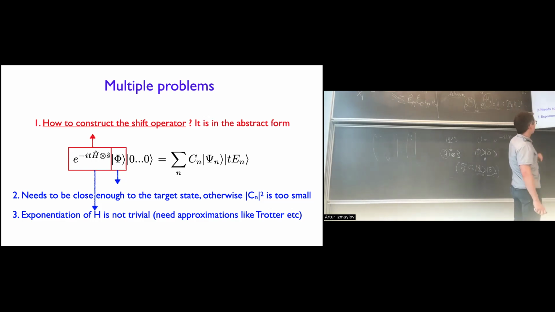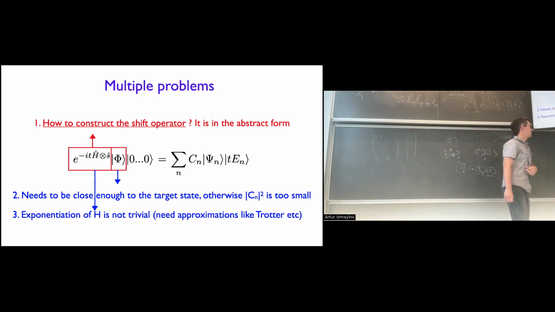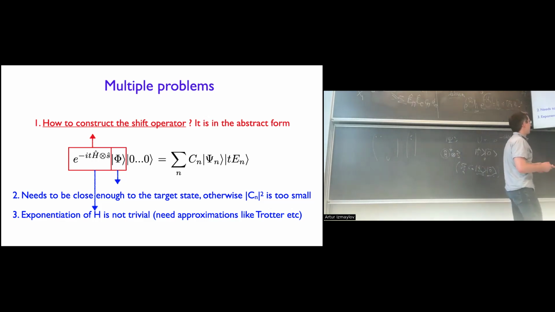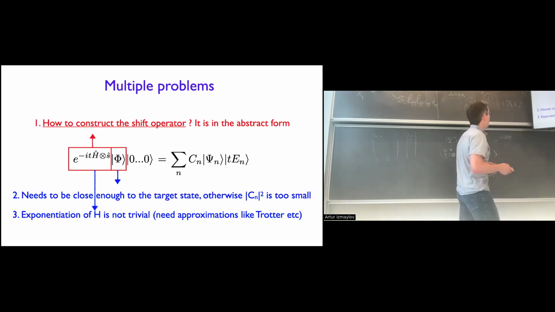And there is a third aspect. The Hamiltonian actually is not trivial. It's not trivial to put an operator like H into the exponential function. And so some approximations or some ways to encode H there would be necessary. But one of the first things is, let me go back, how do we really create this shift operator?